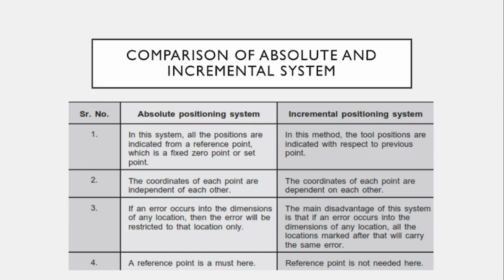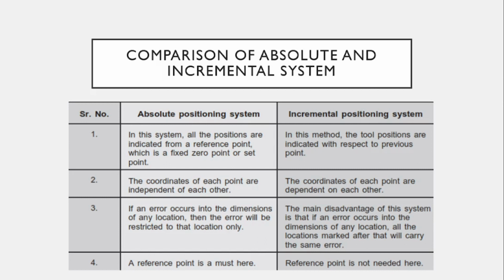or the continuity point. In the absolute position system, if an error occurs in the dimensions of any location, then the error will be restricted to that location only, because we are setting the reference point at 0,0. So if any error occurs in a particular area, the error will not spread.